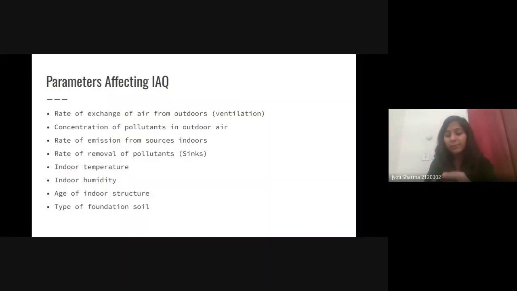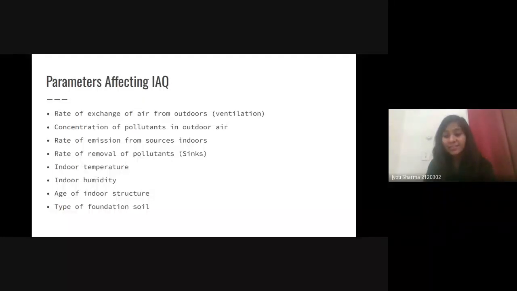You know that the presence of volatile organic compounds or hydrocarbons depends on the temperature, humidity, and even the type of soil you have at your home. Radon is very famous as a part of indoor air quality, because it is found naturally in the air, and it is very carcinogenic in nature.